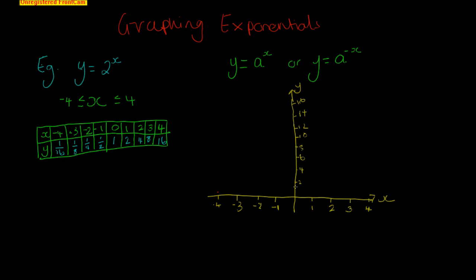For 0 we had to get to 1, which is going to be about here. So these values are going to come down. So about half is about there.